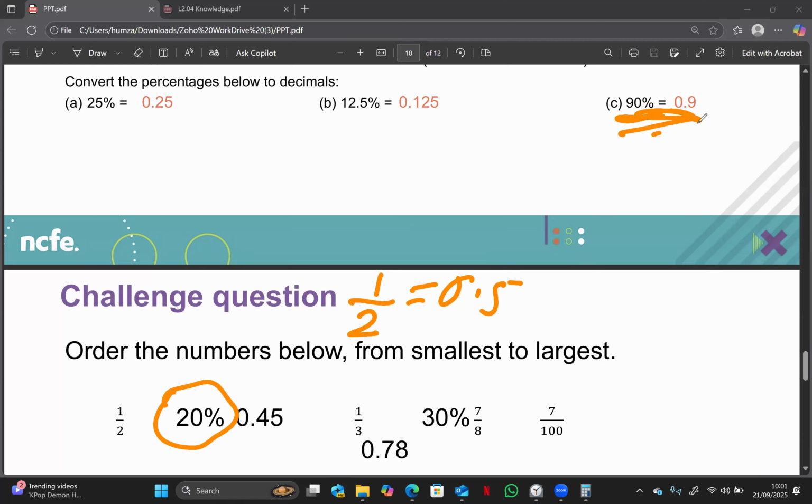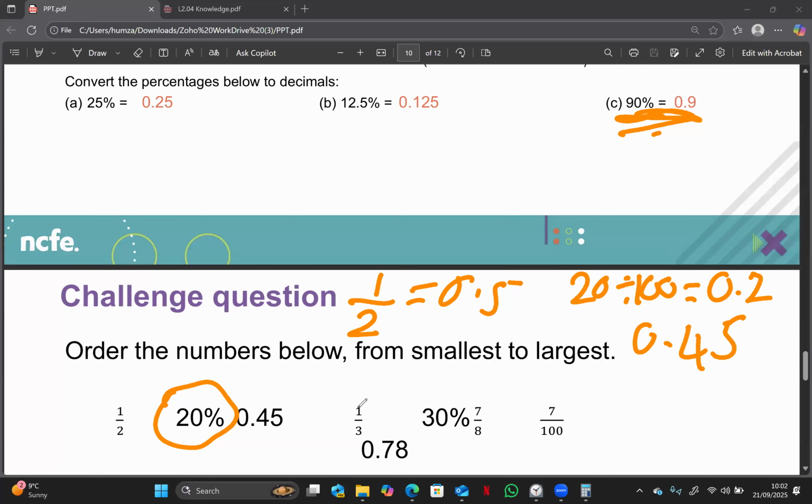Divide by 100. And the answer is 0.2. Now 0.45 is given to you already.